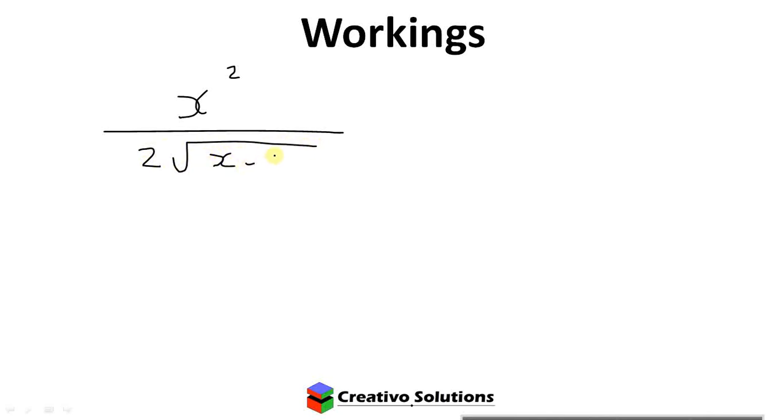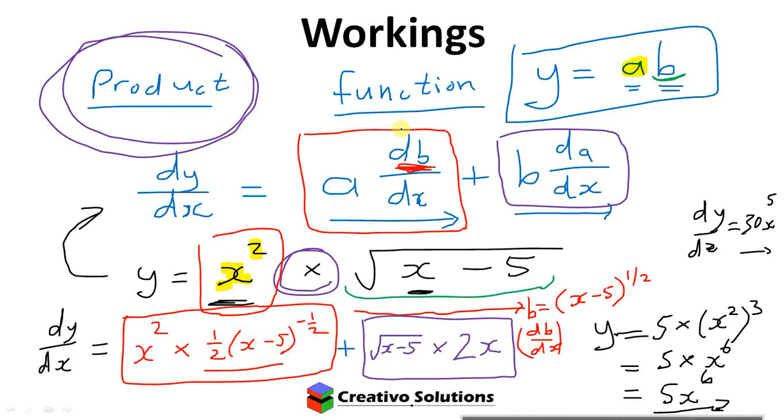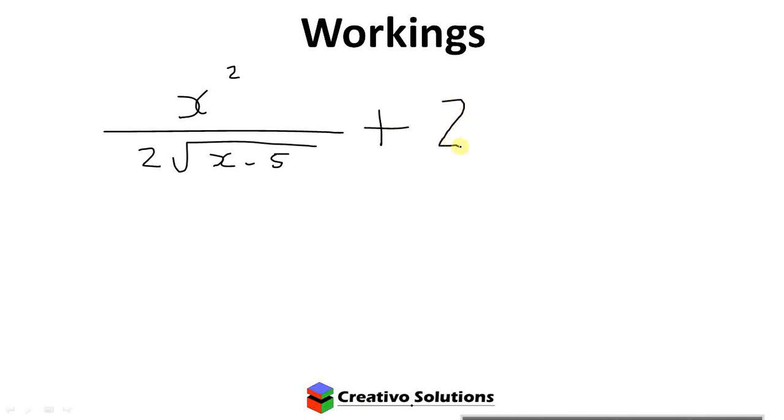That's the first part. And then you would add the second part. My second part was that. That stays the same. You can't simplify that anymore. So it'll be 2x times the brackets. Well, the root is the bracket. And that is the dy over the dx.